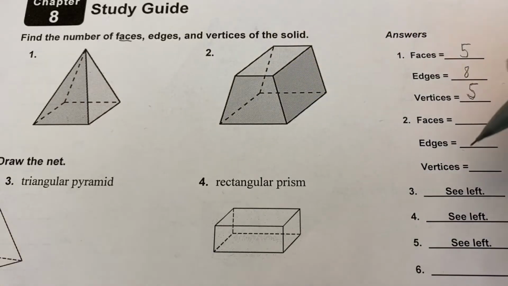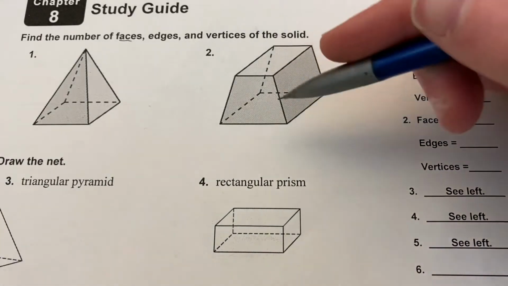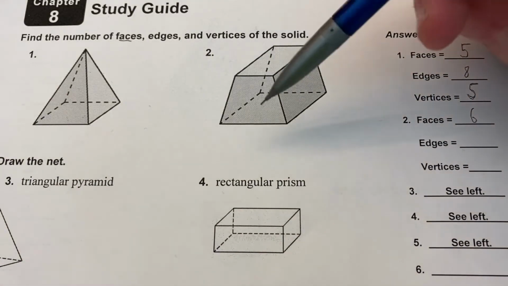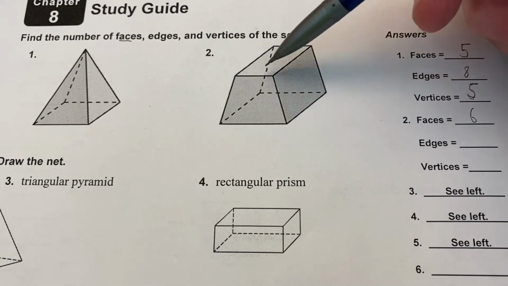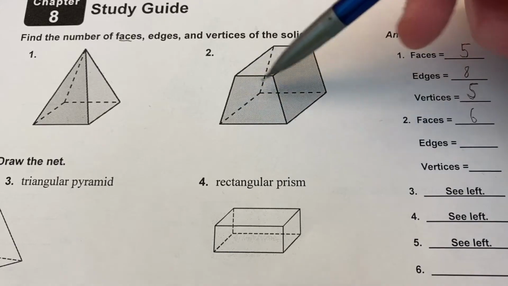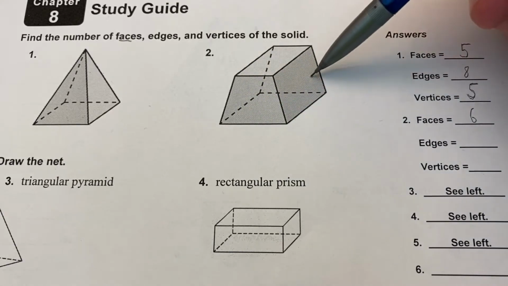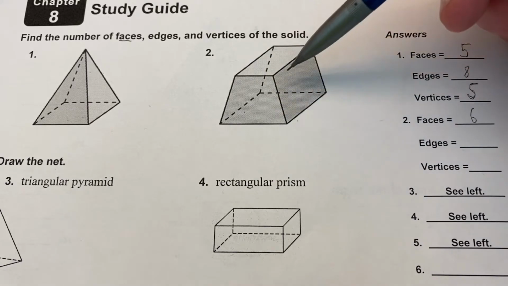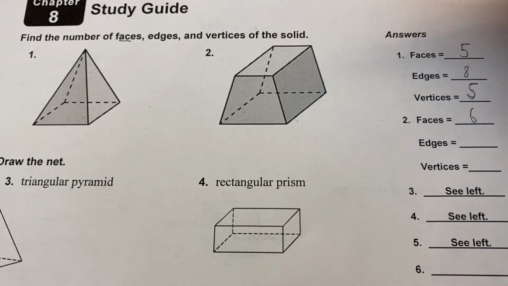So we can say that there are 2 bases and 4 rectangles, which means we have 6 faces on the solid. Number of edges, so we just have to count how many edges we have here. On our 2 bases, we have 4 edges on each base. So there's 4 here, 8 on the other side, and then we have 4 edges connecting our 2 bases. So that means we have 12 edges here.